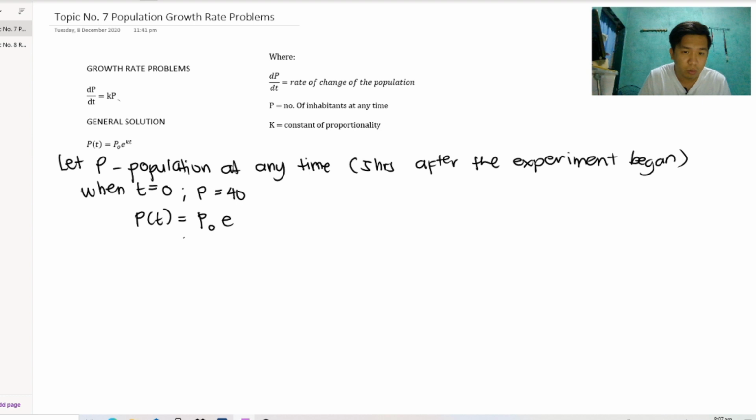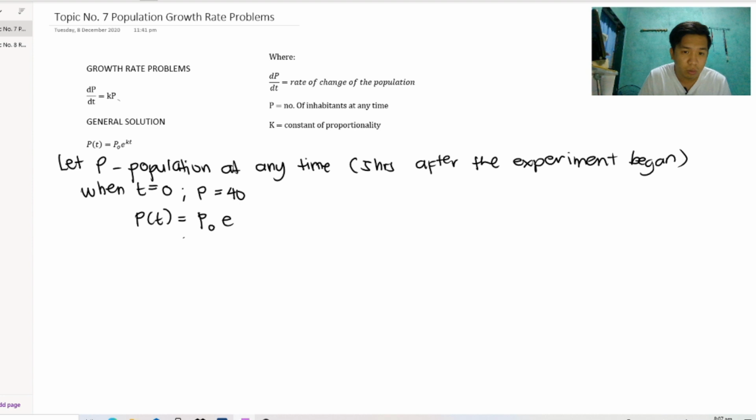So our P sub 0 is equal to 40. Now we have the value of P sub 0, which is the initial population.